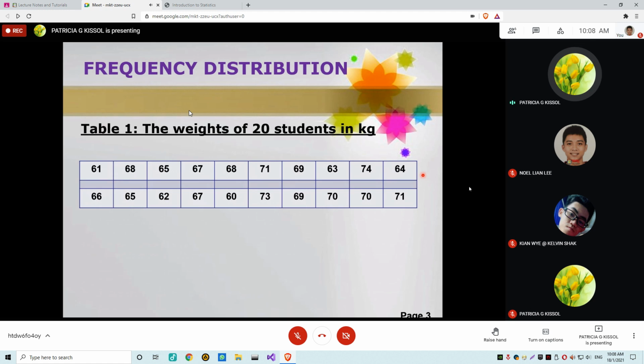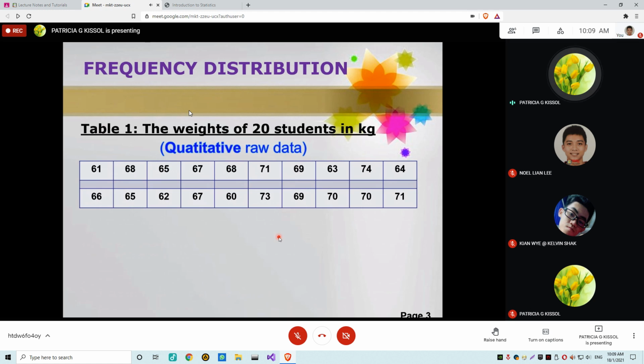It's very difficult for us to summarize any findings from the data collected. Okay, so this is simply a table. In fact, it has not been placed in a frequency distribution yet. It's just a table showing us raw data.